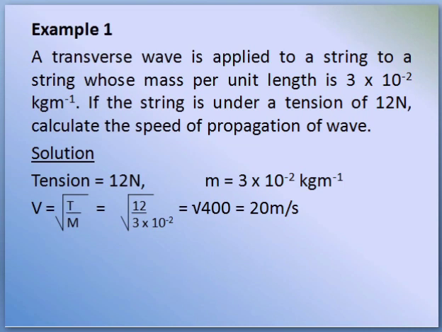By recalling our formula, V is equal to the square root of T divided by M. So we substitute the values of tension and mass into the equation. We divide 12 by 3 times 10 raised to the power of minus 2, and we end up with the square root of 400. And the square root of 400 gives us 20 meters per second.